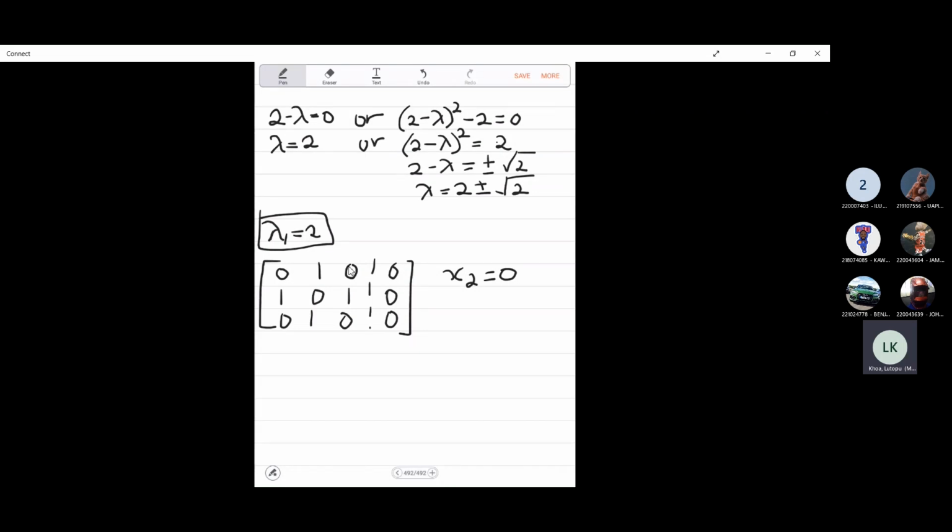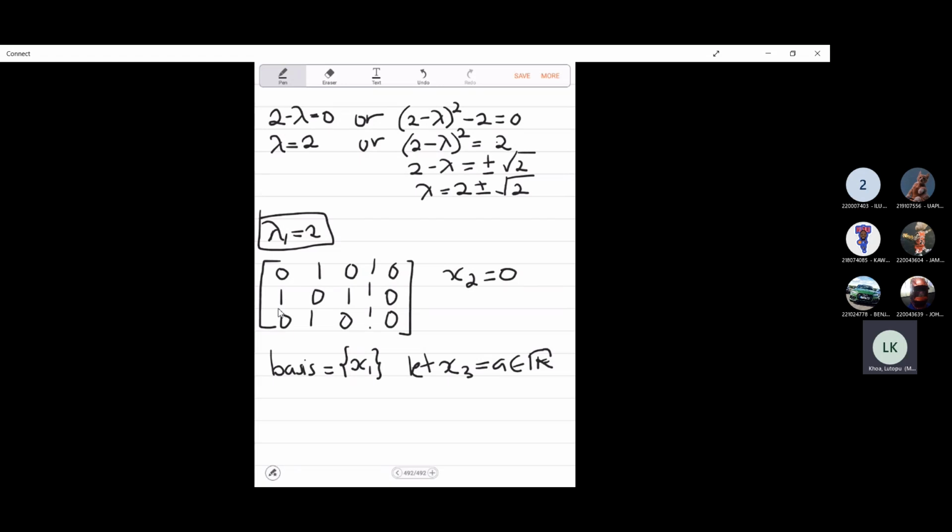So my basis is going to be x1. So if that is x1, then let x3 equal to a, which is just any real number.